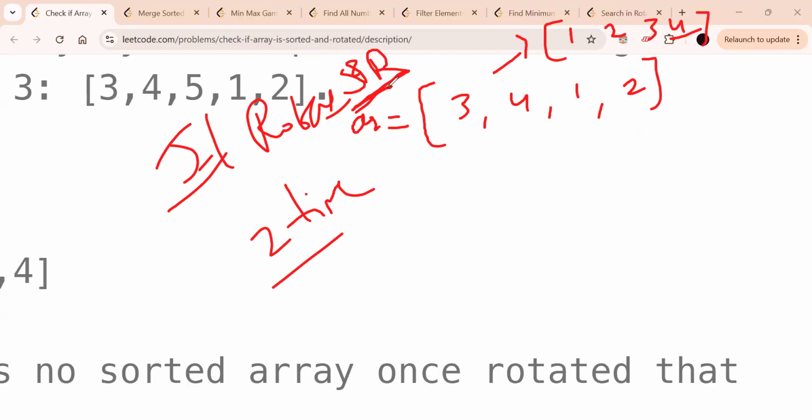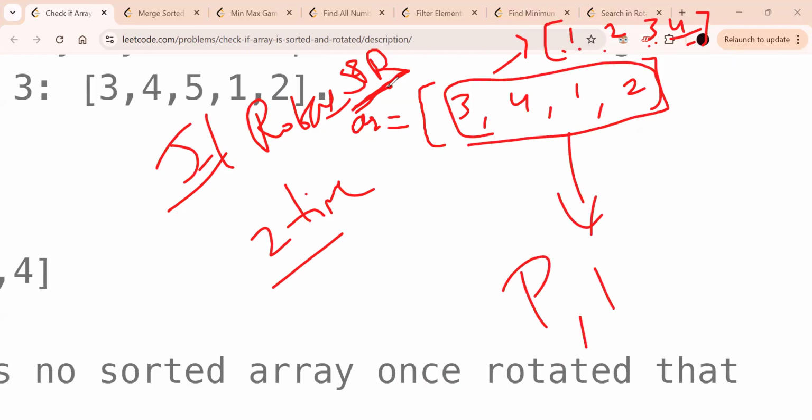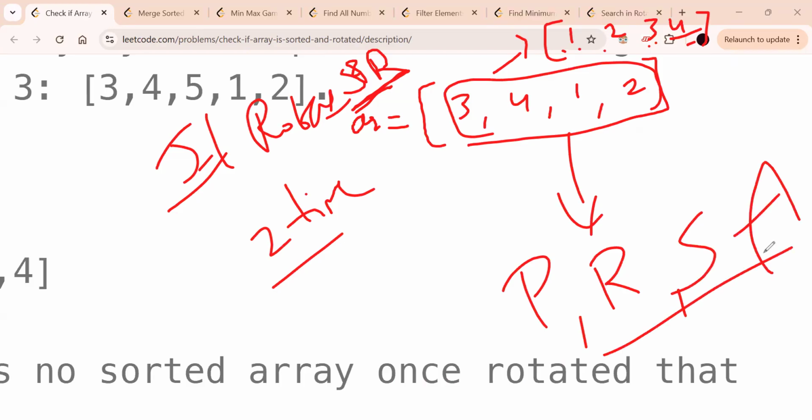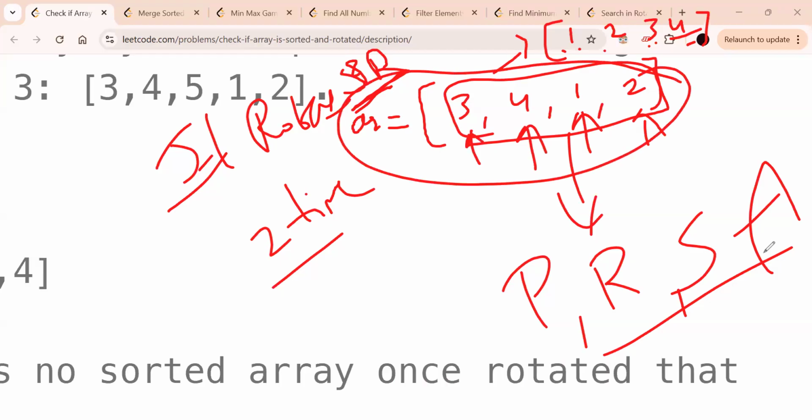For the first time, it will become 4, 1, 2, 3. Next time 3, 4, 1, 2. Now this is a proper rotated sorted array, right? Because if you see the first, second, third, and fourth values, this is how your original array will be looking. So this array that I have given is after rotations, guys. I hope the question is clear.